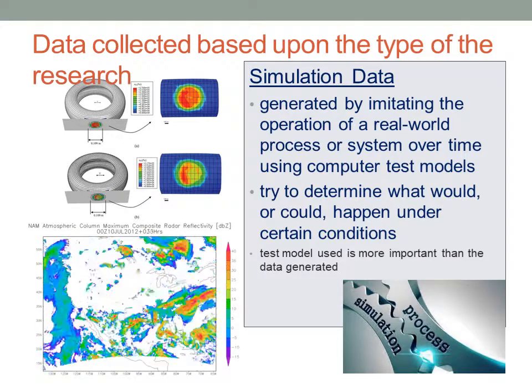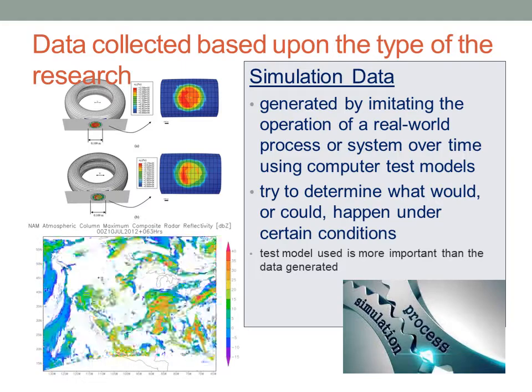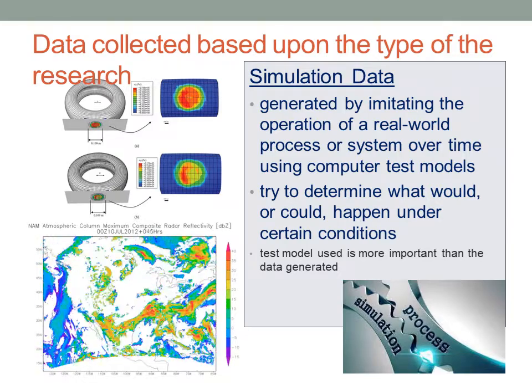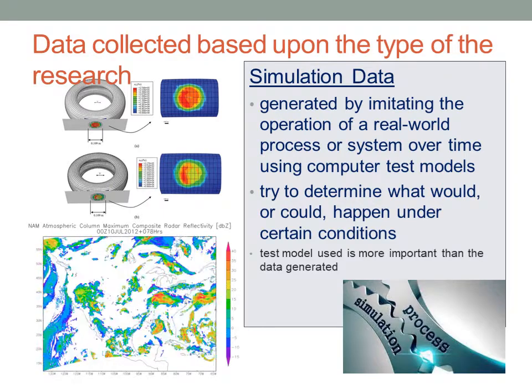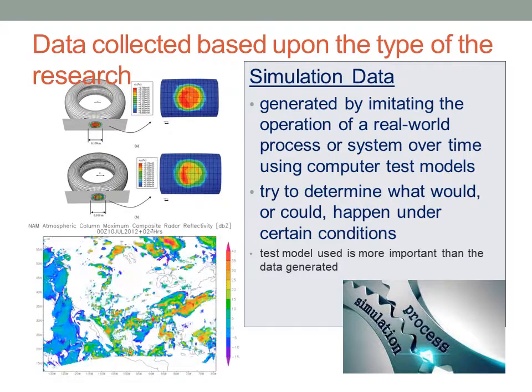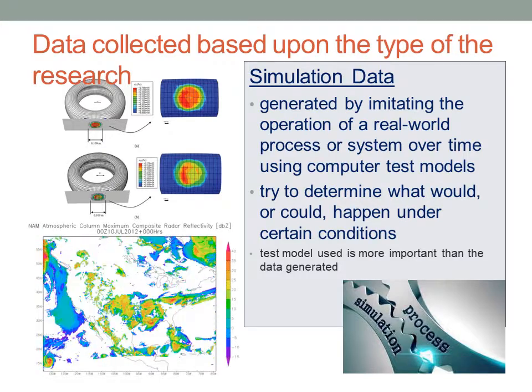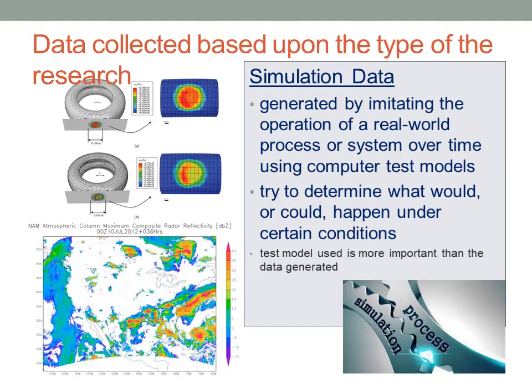I have given you two different examples. First one is a SolidWorks based experiment for stress generation in a tire when it touches the road; the stress generation is simulated and you obtain the results.